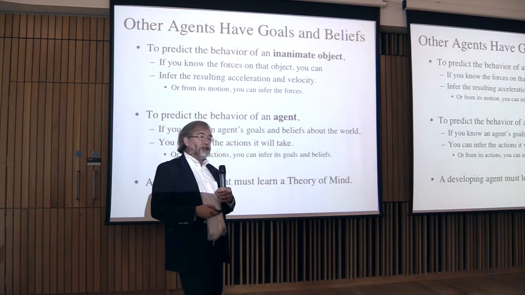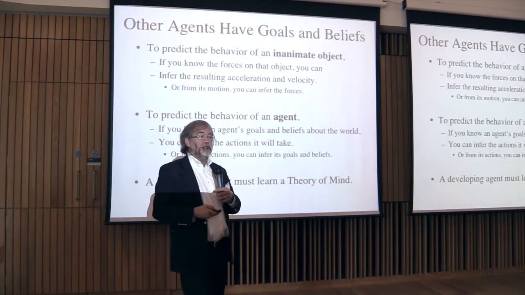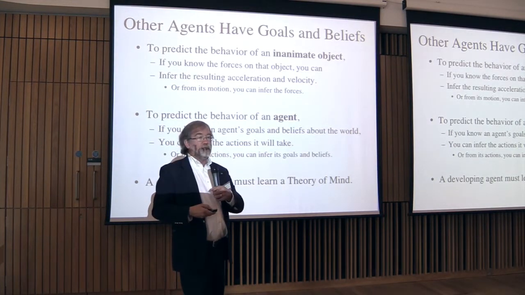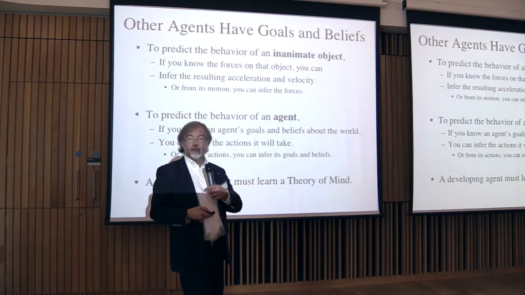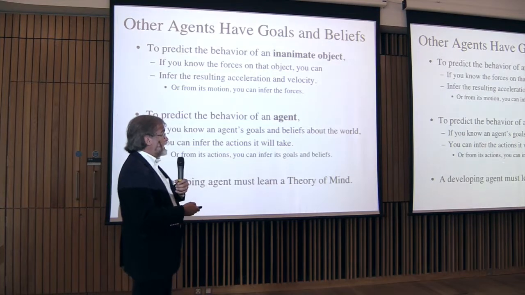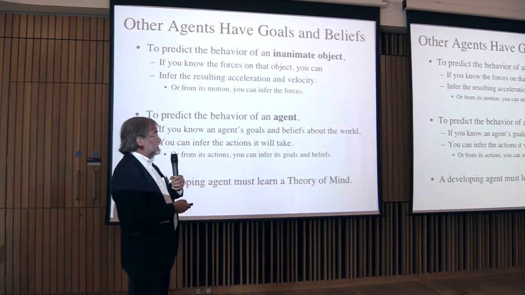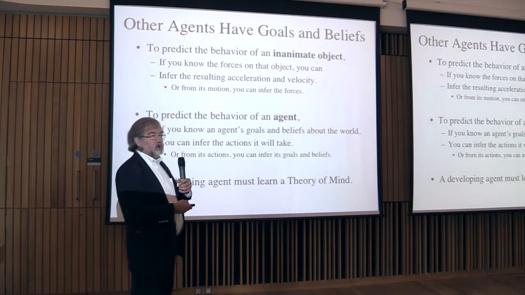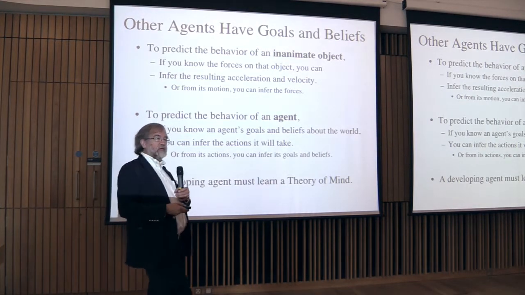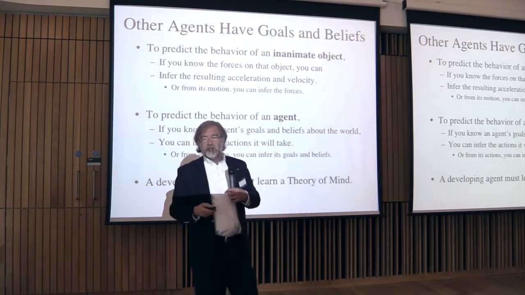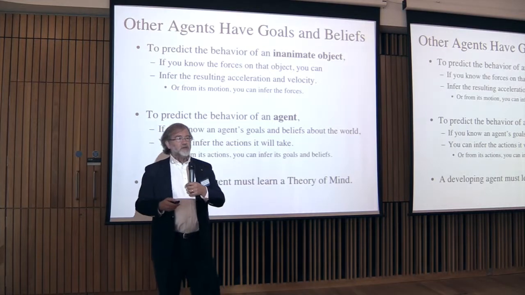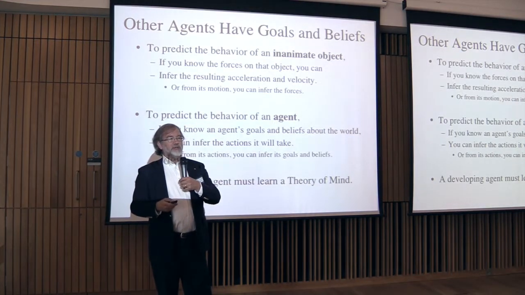So an agent is likely to select an action that helps it reach its goals in the context of the world as it believes it to be. And conversely, if you see it acting, you can infer its goals and beliefs. So if I see you sticking your hand in the cookie jar, I can infer you probably want a cookie.